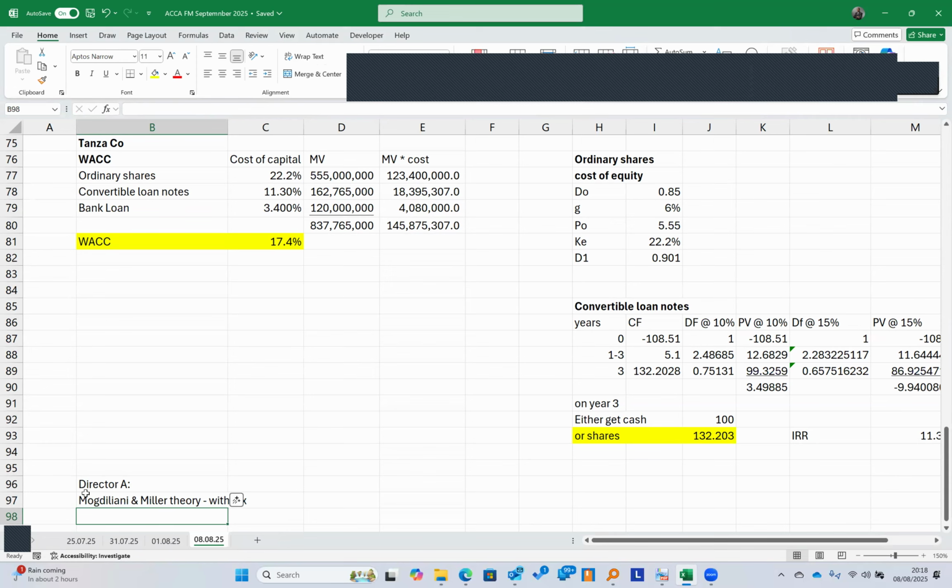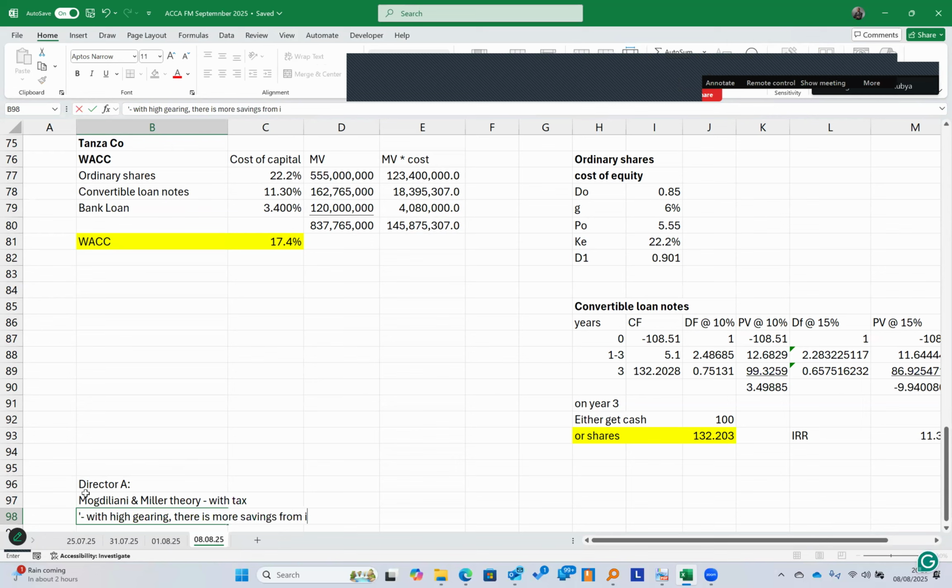And the reason why it says that is that with high gearing, there is more savings from the tax reductions, deductible interest payments, also from the cheaper debt compared to equity.